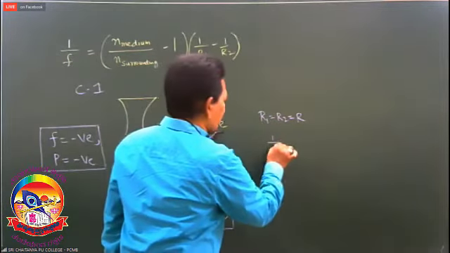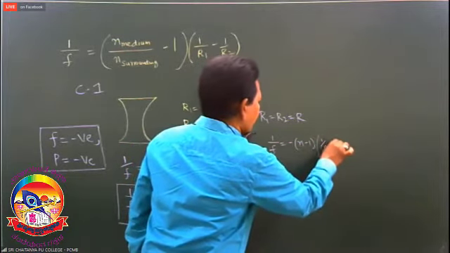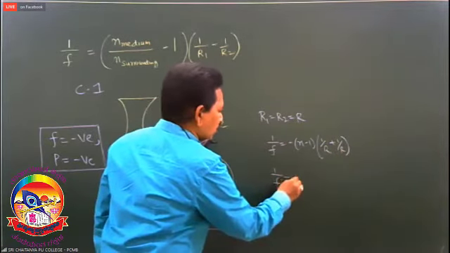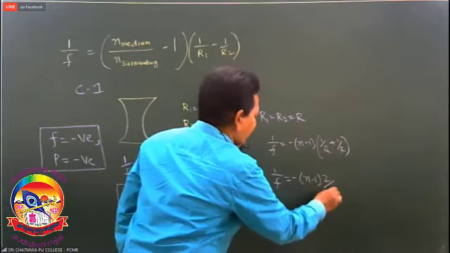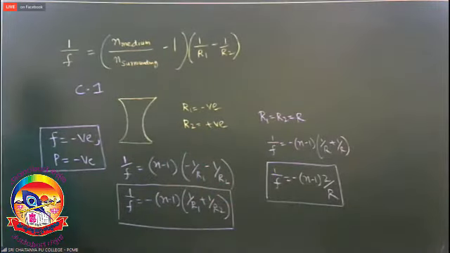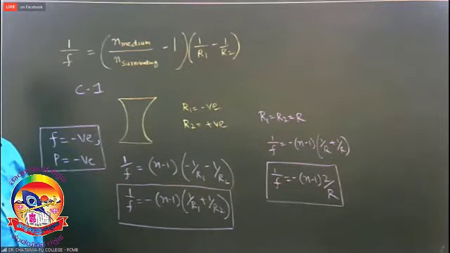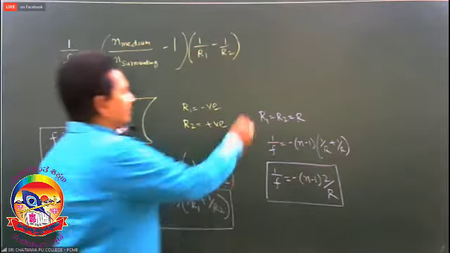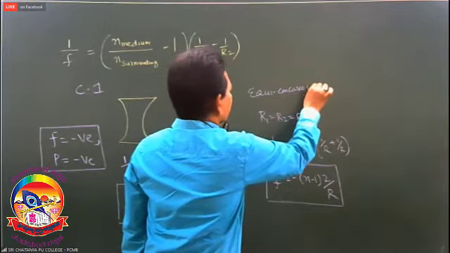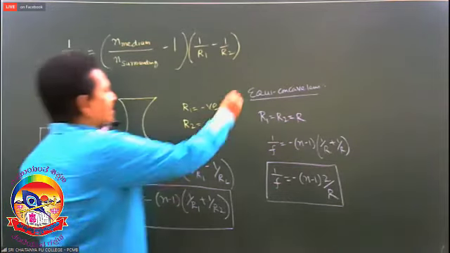Therefore, 1 by f is equal to minus (n minus 1) into (1 by R plus 1 by R), and 1 by R plus 1 by R becomes 2 by R. If it is an equiconcave lens, the expression for the focal length is 1 by f is equal to minus (n minus 1) into 2 by R. This is the biconcave lens, case 1, and this is case 2.